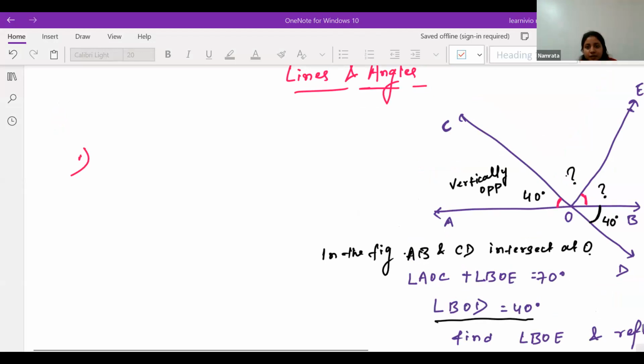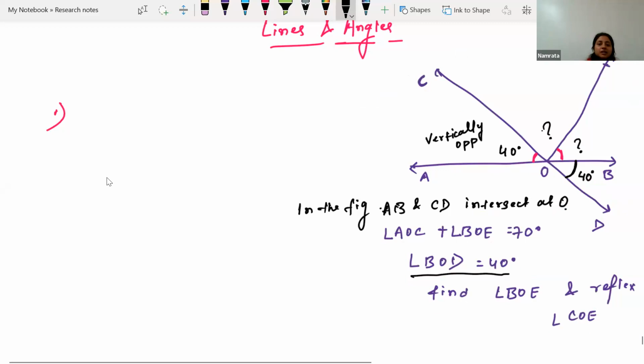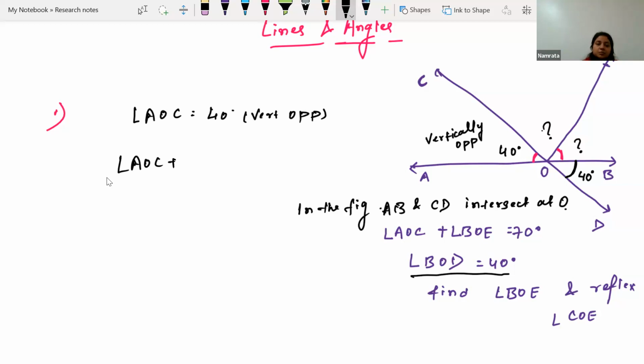Okay, let's continue. Now, the given condition is AOC plus BOE is 70 degrees. So, is it possible to find BOE? Yes, it's possible now because AOC is 40 degrees by vertically opposite angles. Therefore, since AOC plus BOE is equal to 70, we can say 40 degrees plus angle BOE is equal to 70.